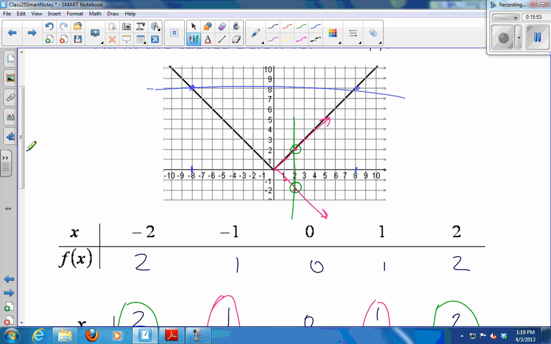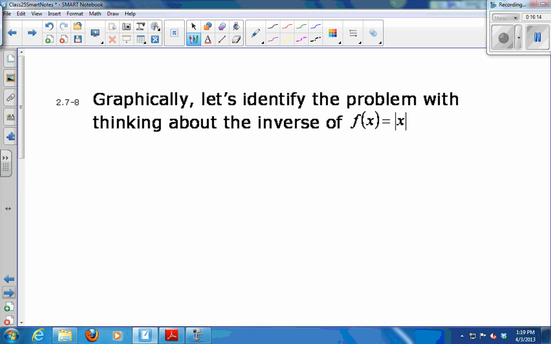So when I switch the role of output and input, now it's not going to be a function. So basically, any graph that has y-axis symmetry would certainly not have an inverse function. But those aren't the only kinds.